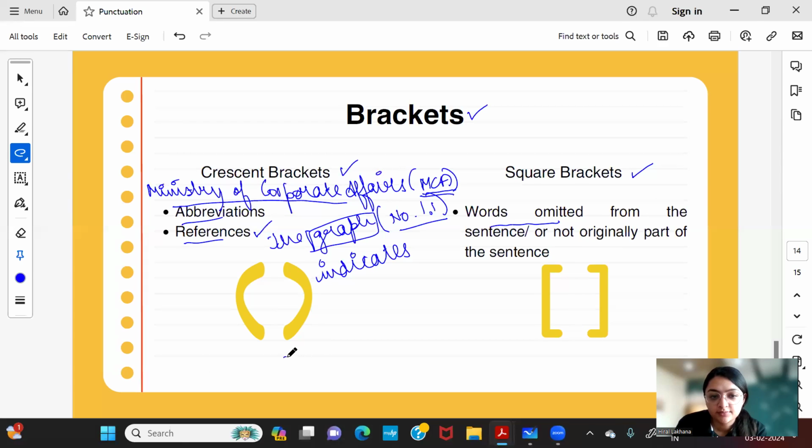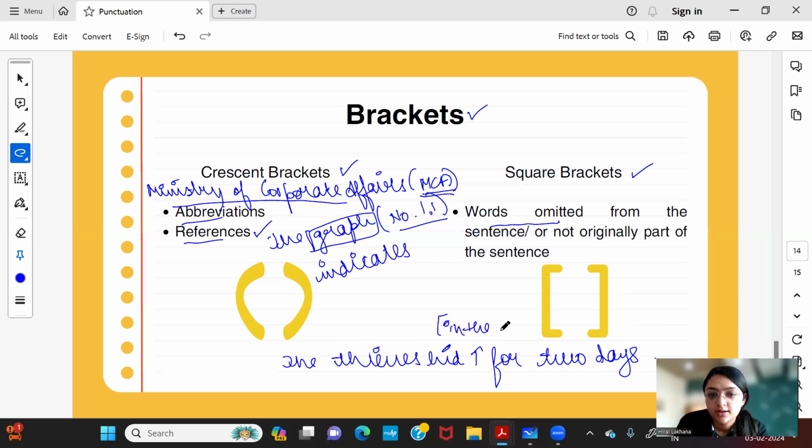So if we are saying the thieves hid for 2 days, and now we want to add where exactly they were hiding, we can say the thieves hid [in the village]. In the village didn't originally form a part of the sentence, but we want to show the place exactly where they hid, so we do so by using the square brackets.